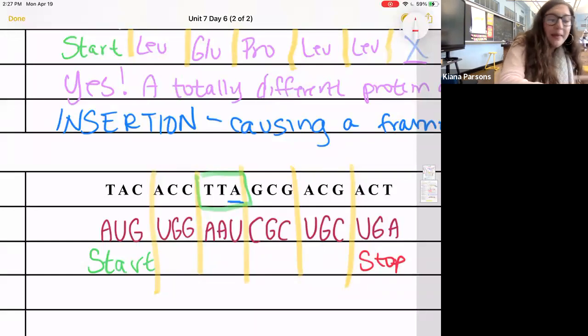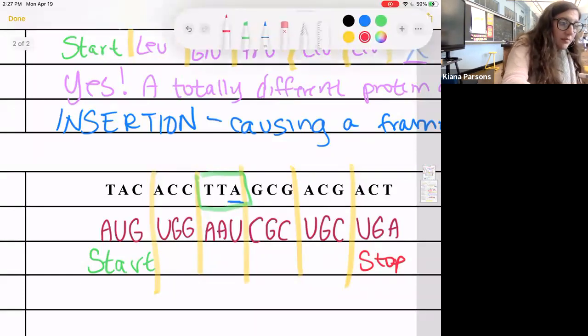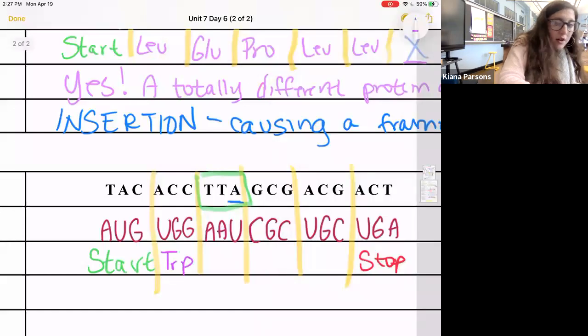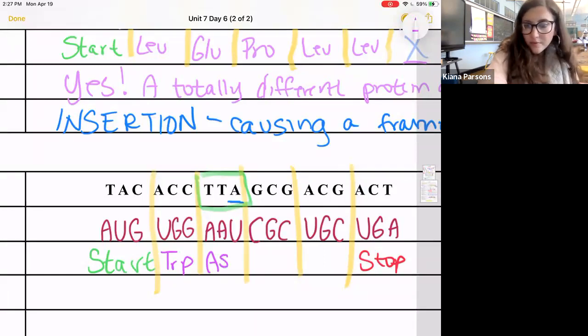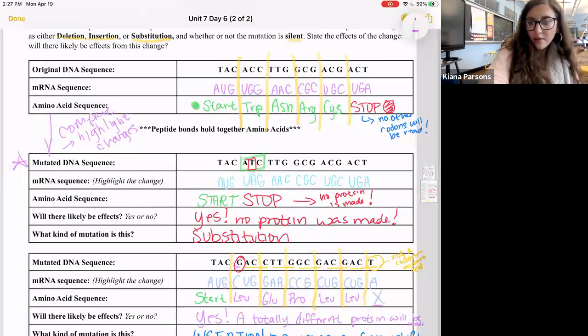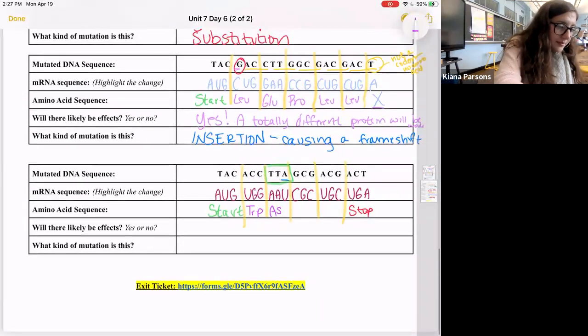And we have here in the middle, TRP, ASN, ARG, and CYS. And would you look at that?